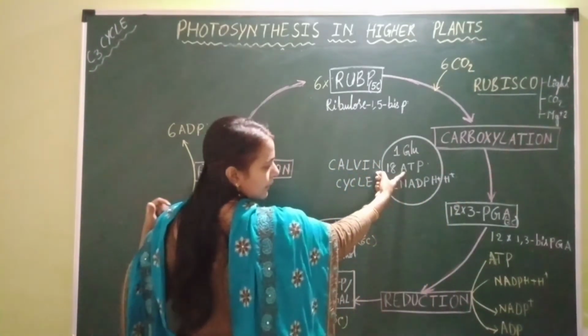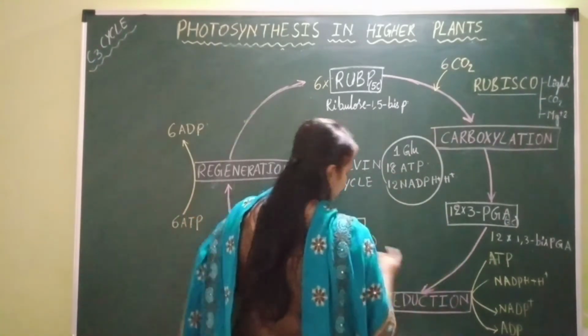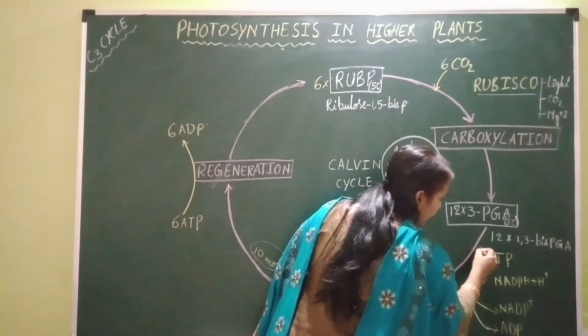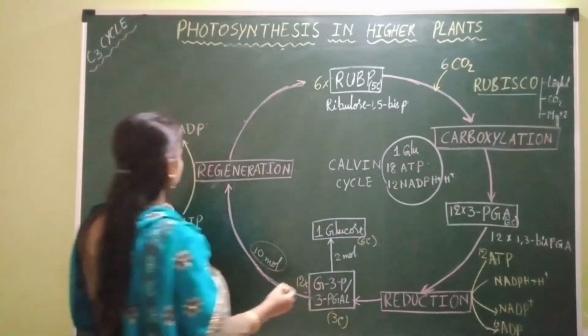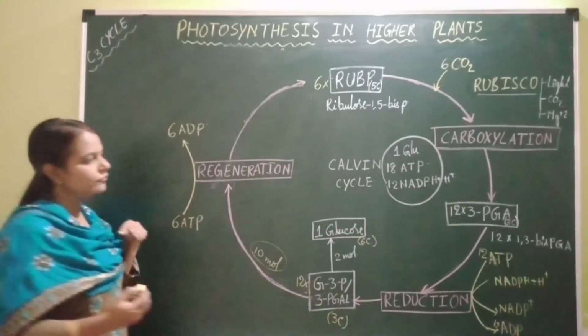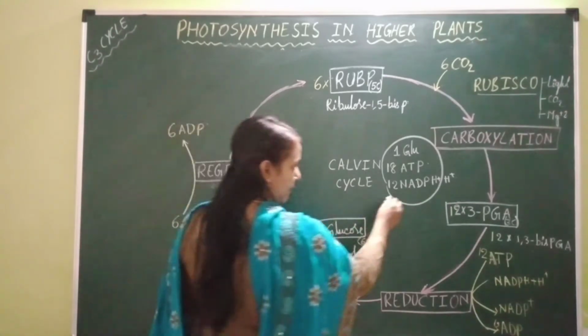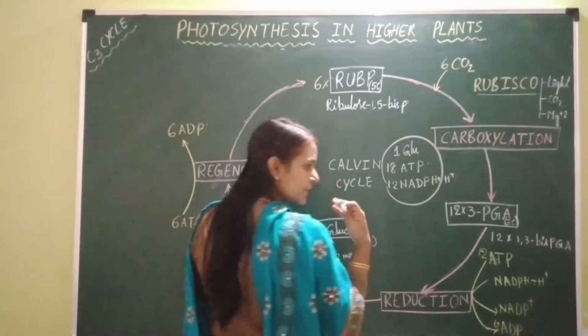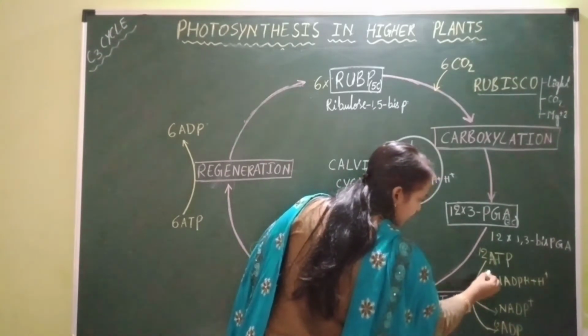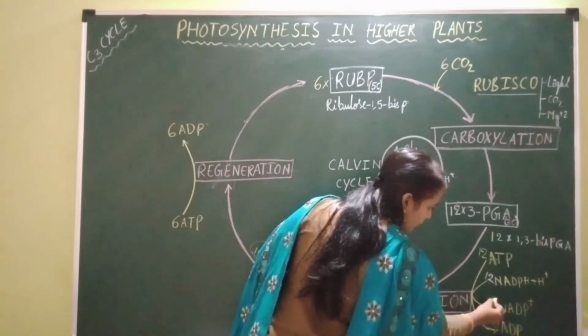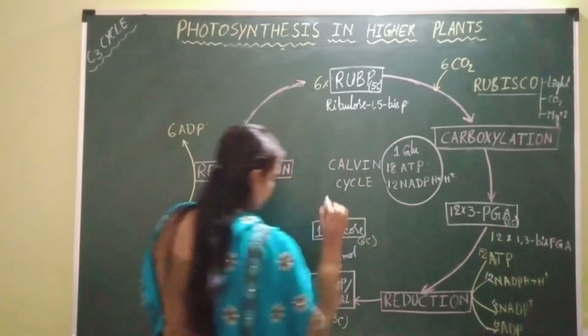Among the 18 ATP, 12 ATP are consumed in the first step of reduction and 6 ATPs are consumed in the final step of regeneration. And among the 12 NADPH, all the 12 NADPH are utilized in the second step of reduction, that is reductive dephosphorylation. Right.